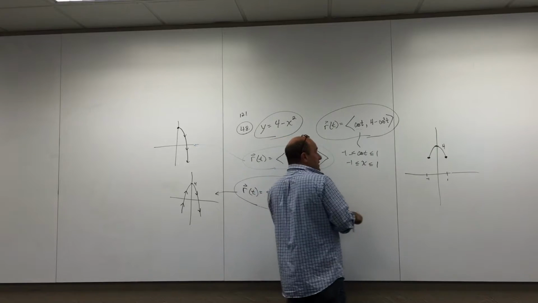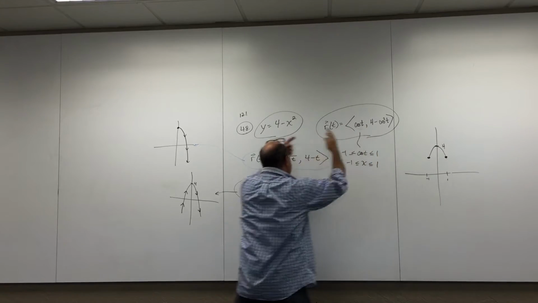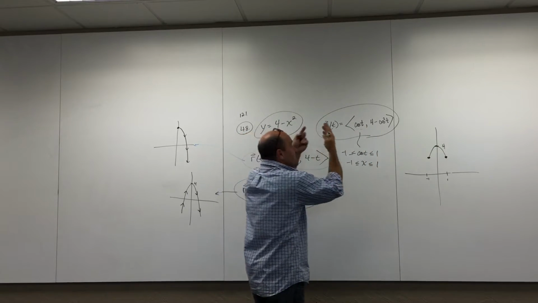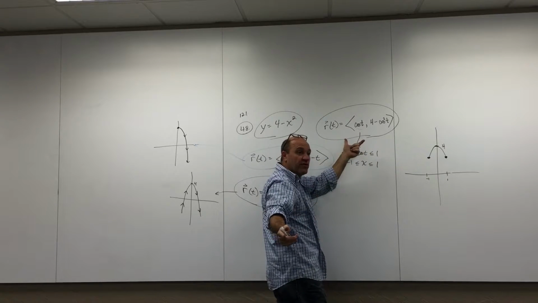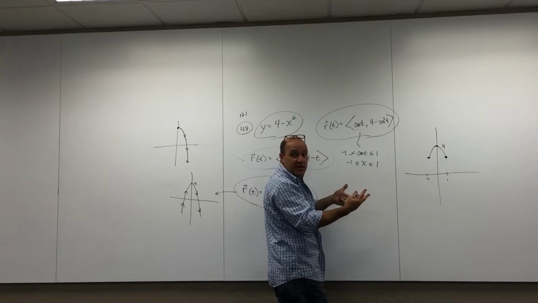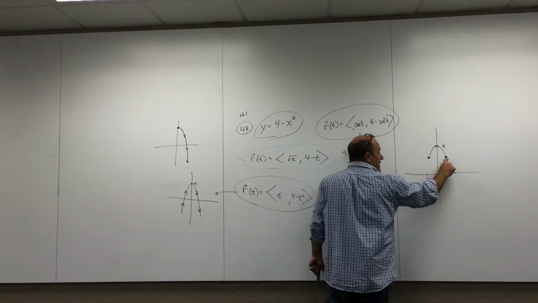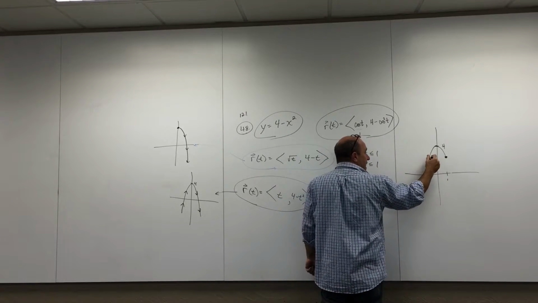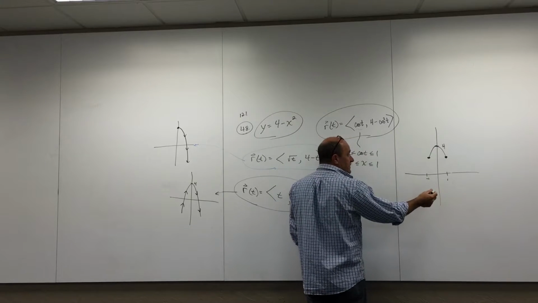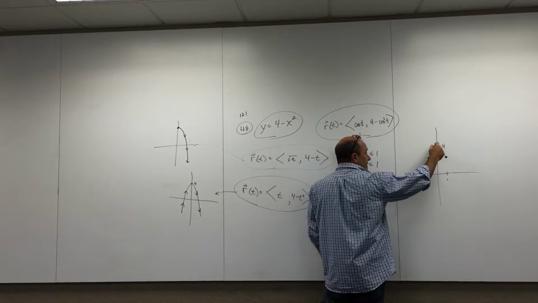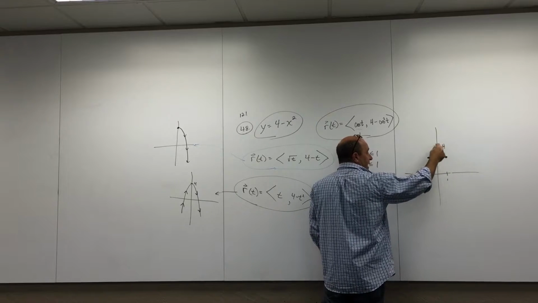It's the same parabola, but it's got this restriction due to the nature of the parametrization we chose. I've got these restrictions on here, and I really have this. And then you may want to investigate that it doesn't move left to right or right to left.